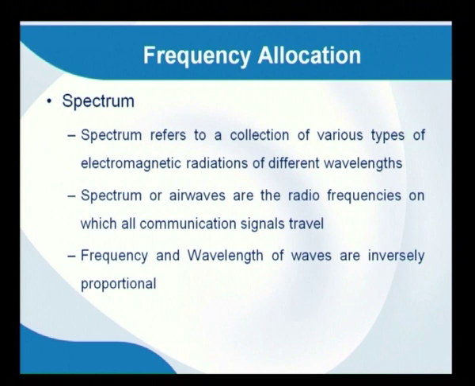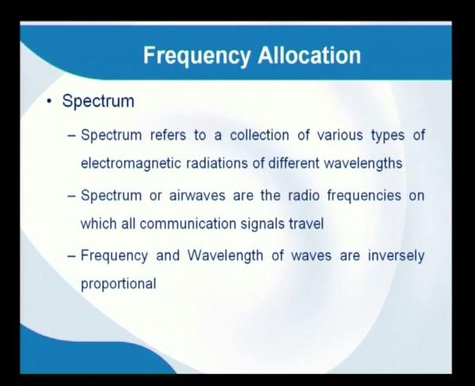Spectrum or airwaves are the radio frequencies on which all the communication signals travel. The data is represented in the form of signals, and the signals carry the actual data between the source and destination. So, the frequency has to be allocated to carry the data.